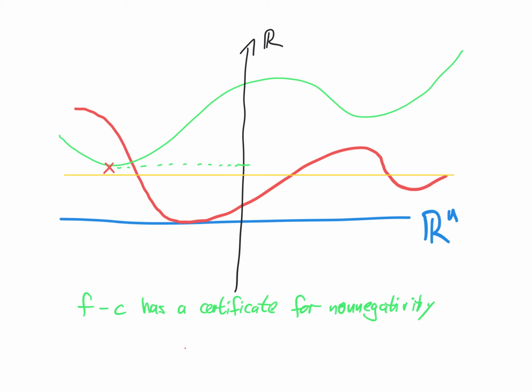That's called semi-definite programming, right? We won't go into this now, but semi-definite programming is a generalization of linear programming, if you know that, and it can be done very efficiently. So using the Gram matrix method, you can search very efficiently for the certificates for non-negativity, right?